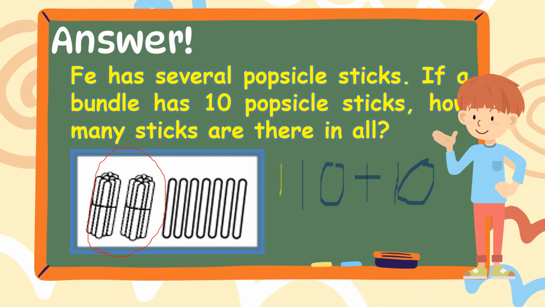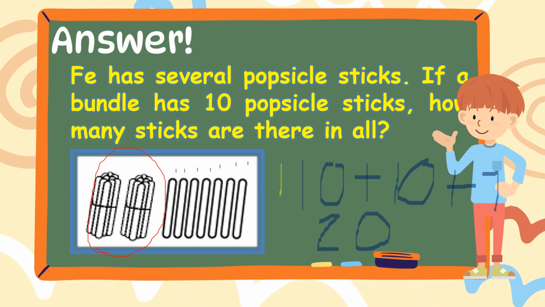Can we count? 1, 2, 3, 4, 5, 6, 7. We have 10 plus 10 plus how many? Yes, plus 7 sticks. So 10 plus 10 is 20.